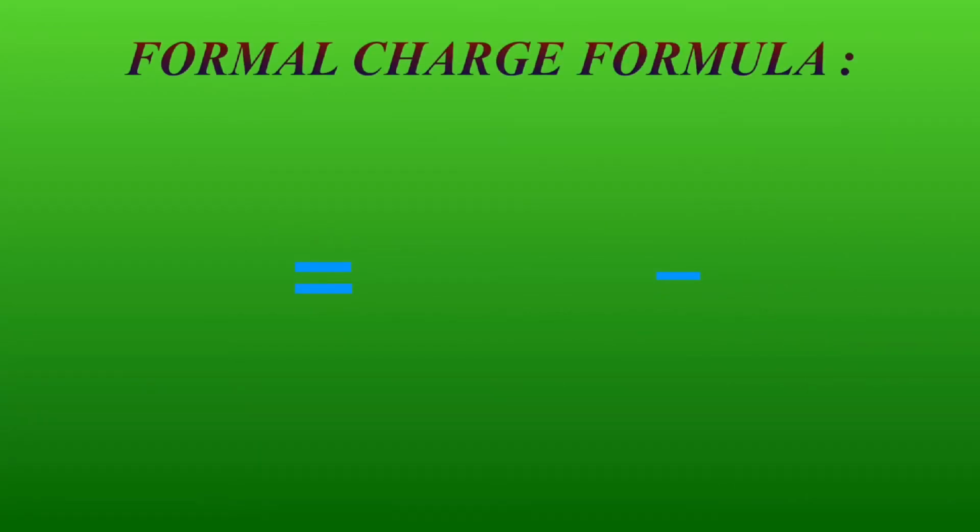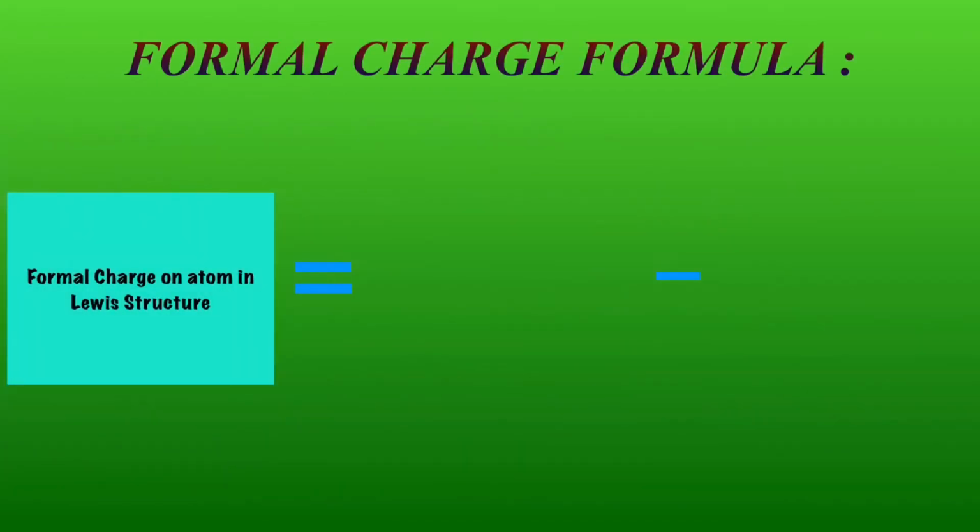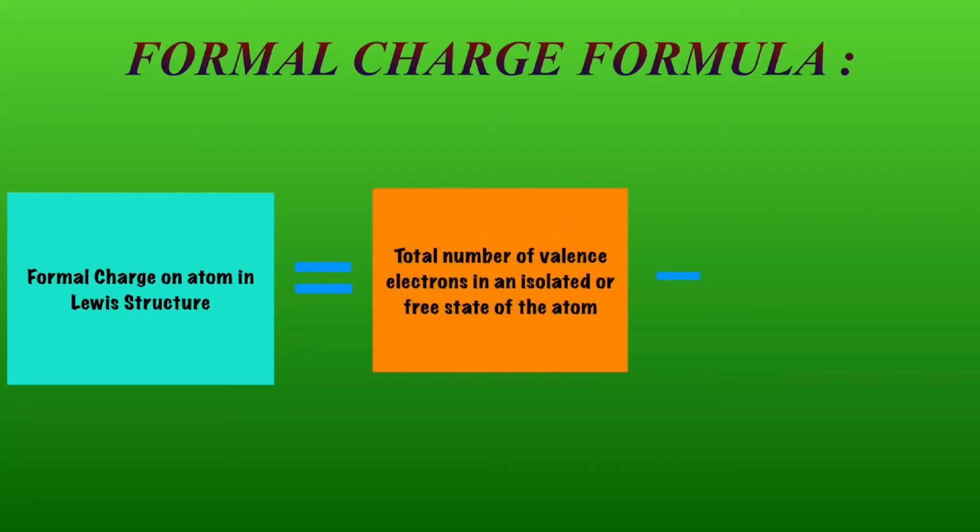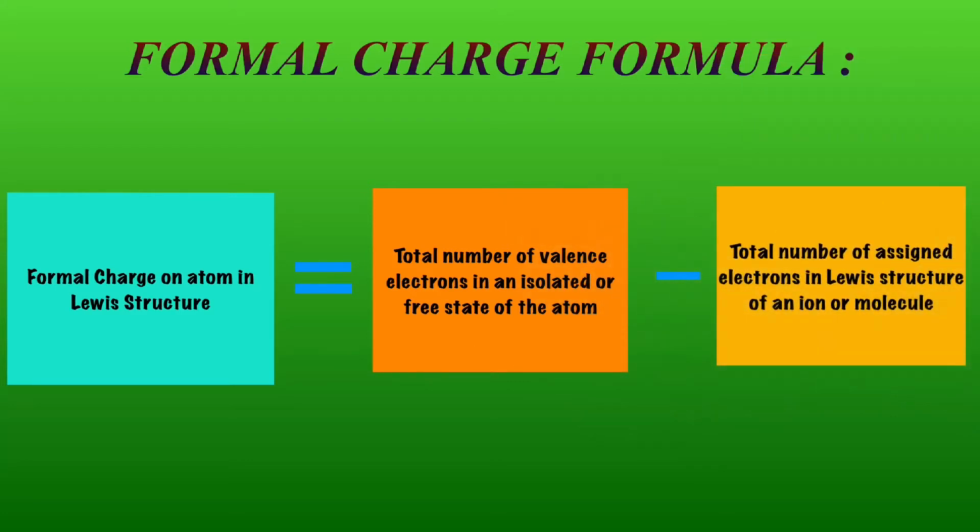Now we will simplify this definition into a formula. Formal charge on the atom in the Lewis structure is equal to the total number of valence electrons in the isolated or free state of that atom minus the total number of assigned electrons in the Lewis structure of an ion or molecule.